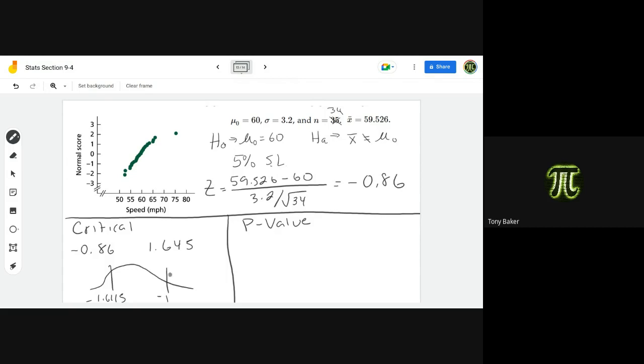Oh, actually, I probably did that one wrong. This is a two-tailed test. Which number am I really looking for? Remember, we have to take that and cut it in half. We're looking at 0.025. So 1.96, both positive and negative.